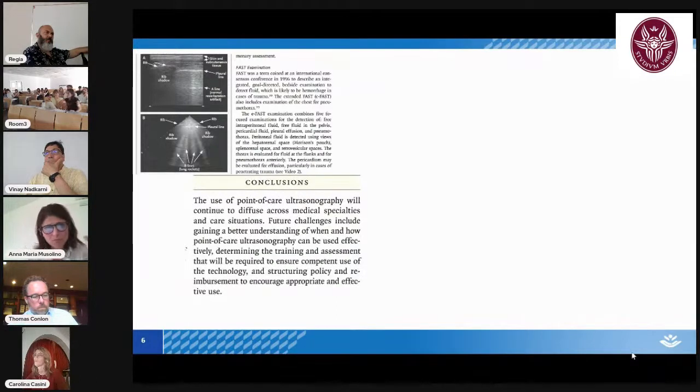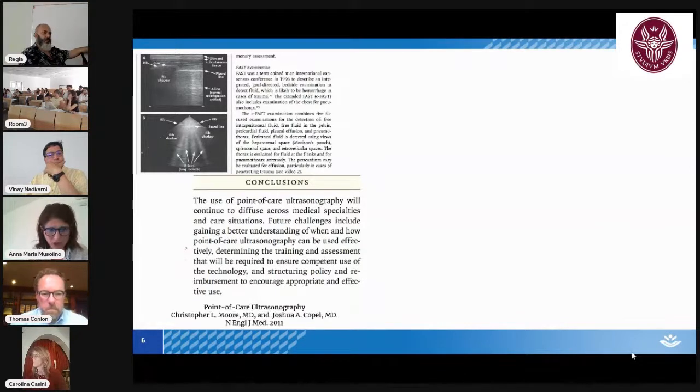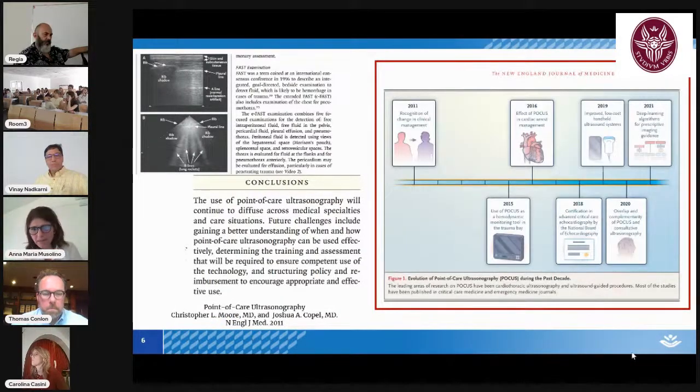And 10 years ago, it was written especially for FAST examination, and the conclusion was that the use of point-of-care ultrasonography will continue to diffuse across medical specialties and care situations, and future challenges were listed. And this is what happened about the evolution of point-of-care ultrasonography during the past decade.